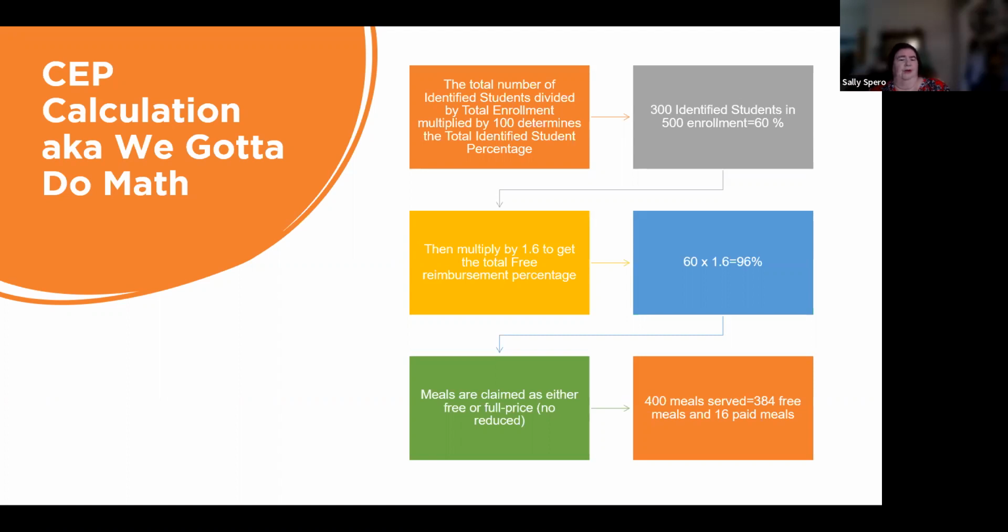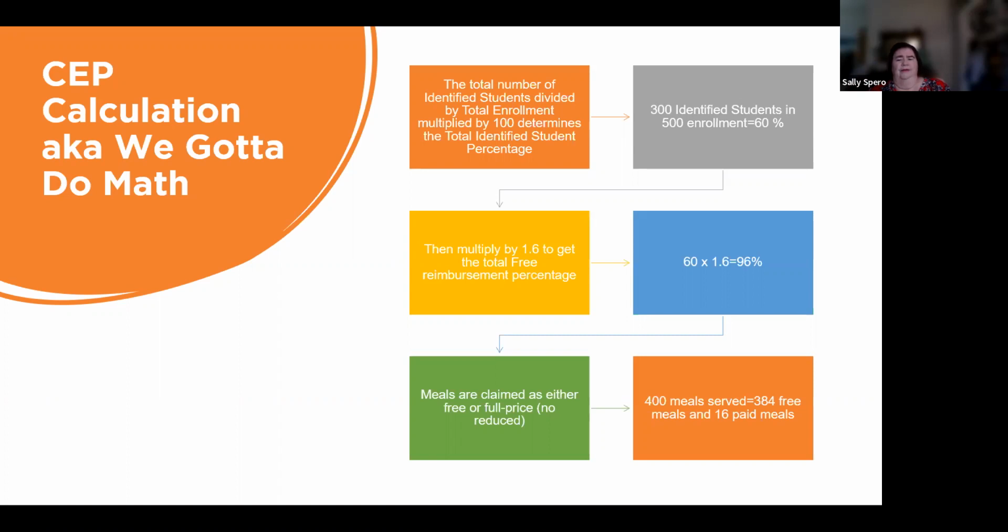The total number of identified students divided by total enrollment multiplied by 100 determines the total identified student percentage. Isn't that just the way USDA always talks to us? They give us the information, but it's a little hard to translate into actual English, maybe.